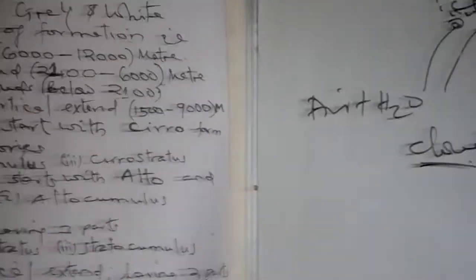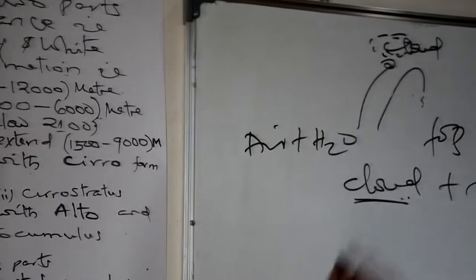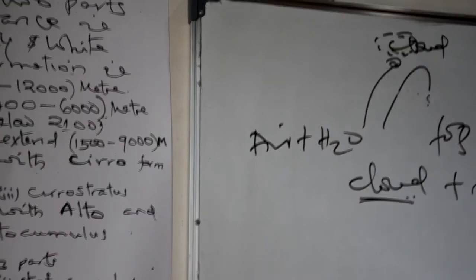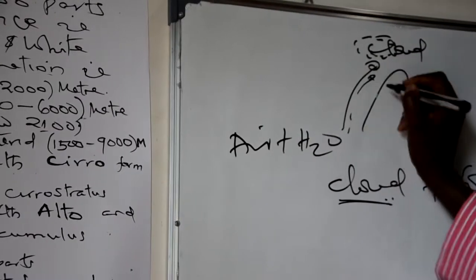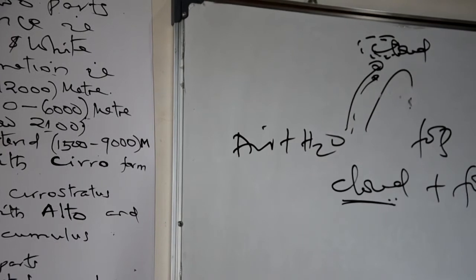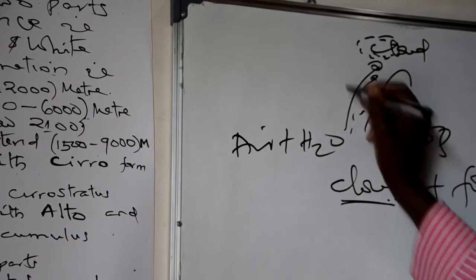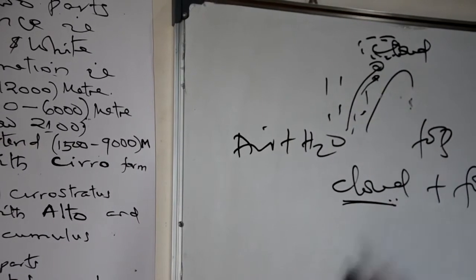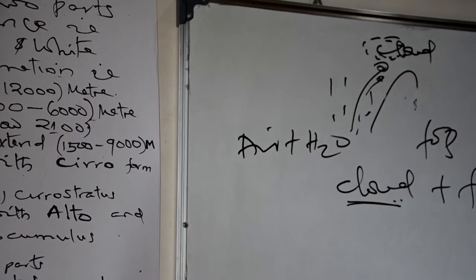Cloud, as I told you, is the amount of water vapor that rises up or is saturated in the atmosphere and condensed. Thereafter, the condensation can cause droplets of rain, and when they drop, that will be the subtopic called precipitation, which we have not yet reached. Therefore, you have to wait for the subtopic of precipitation.